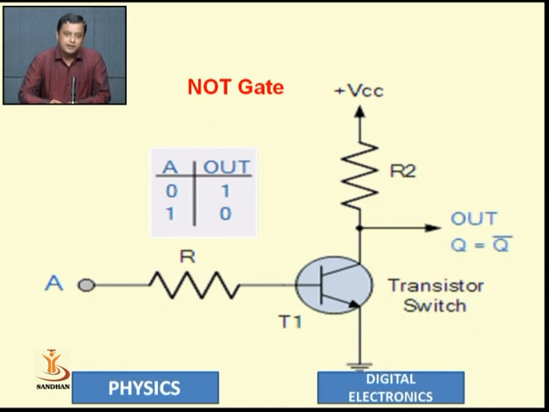If we give 0 as input, for this transistor T1, here we are using an NPN type transistor, the emitter-base junction will not get sufficient potential difference to bring the transistor into the saturation region.